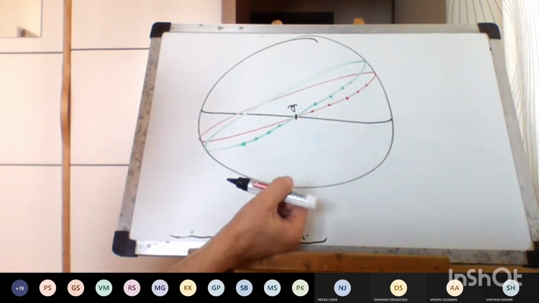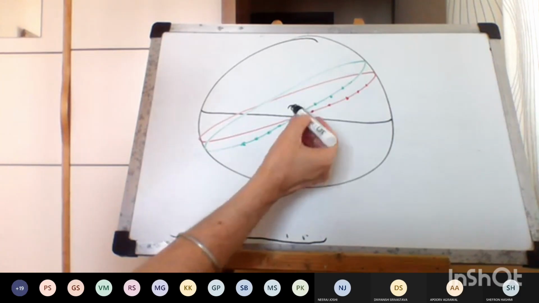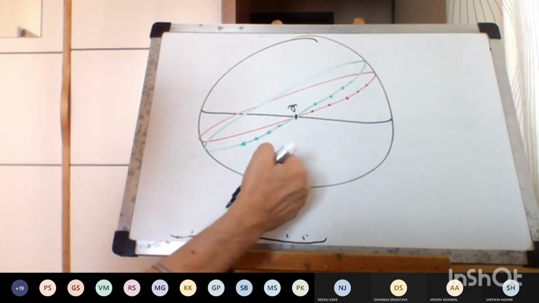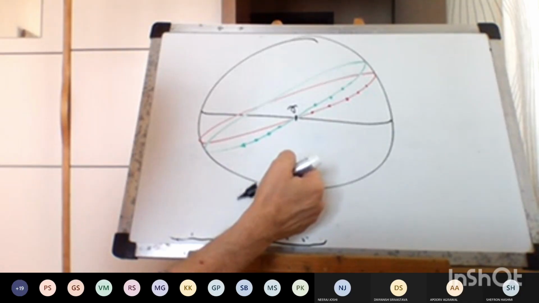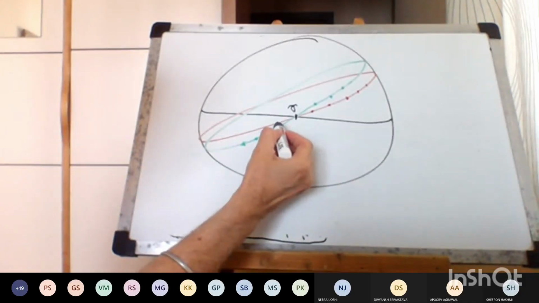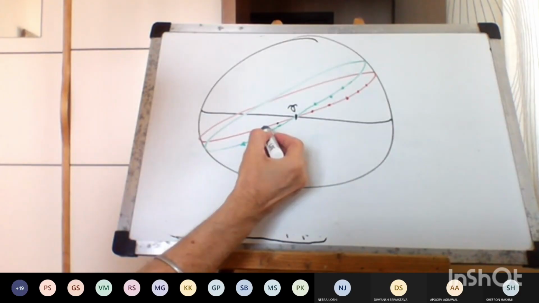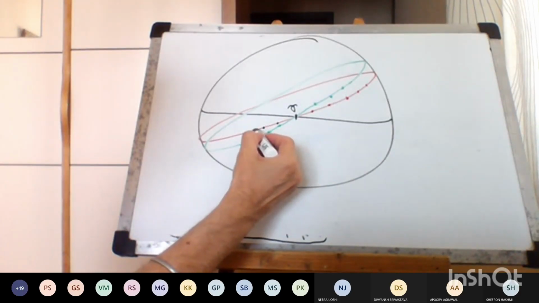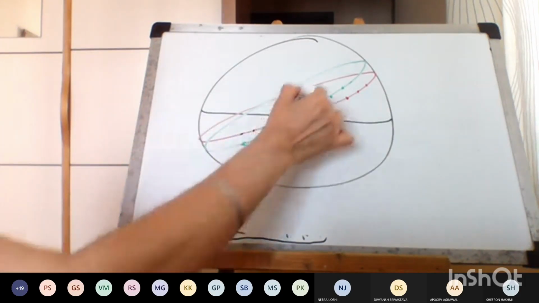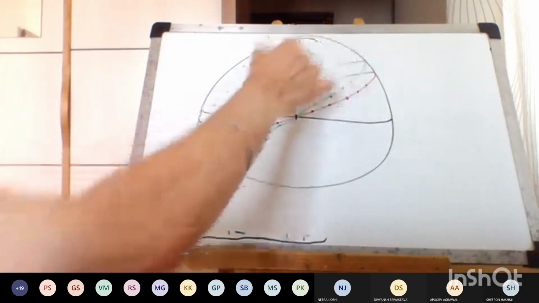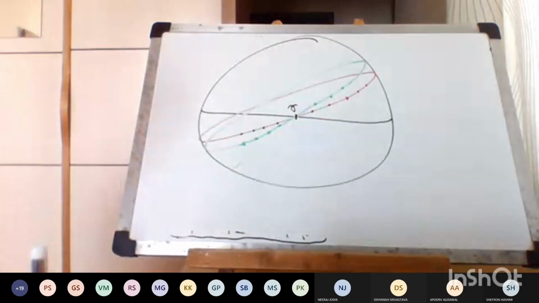Because of the complex movement, this point is moving westwards by 19 degrees a year along the ecliptic. That means this point is moving like this. Every year it will move 19 degrees here. So the path of the moon will be like this. Every 19 years it will go on moving like this.